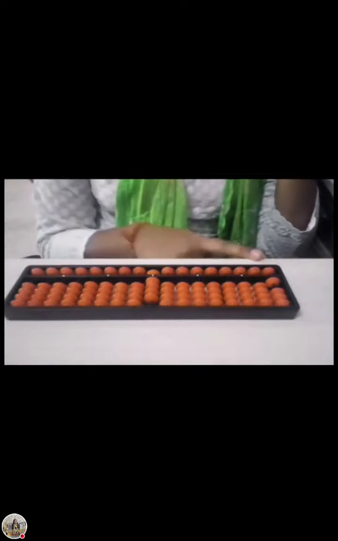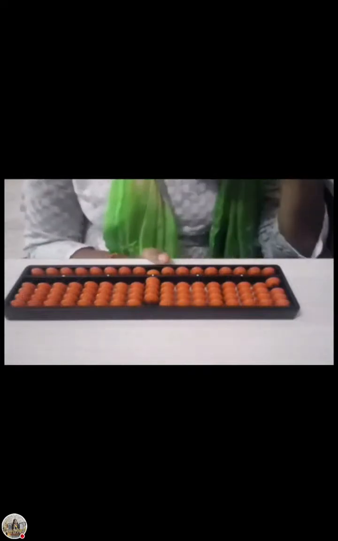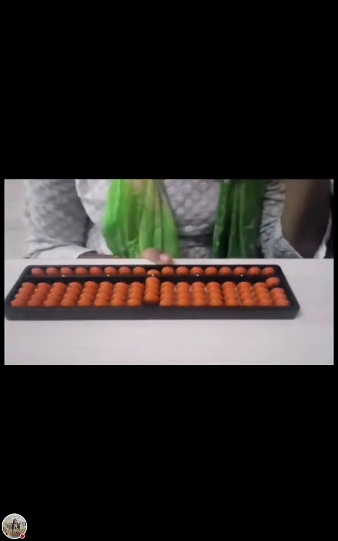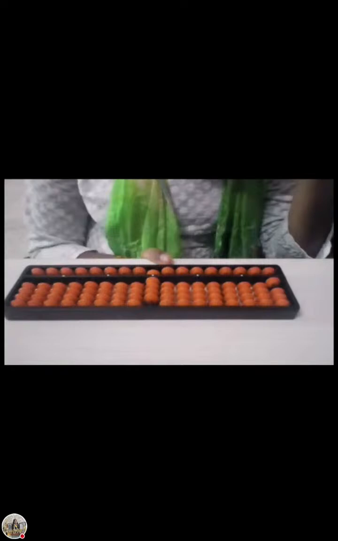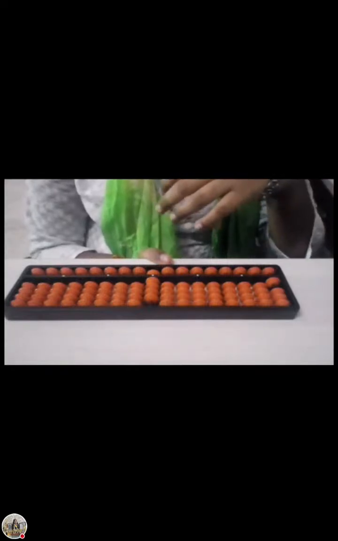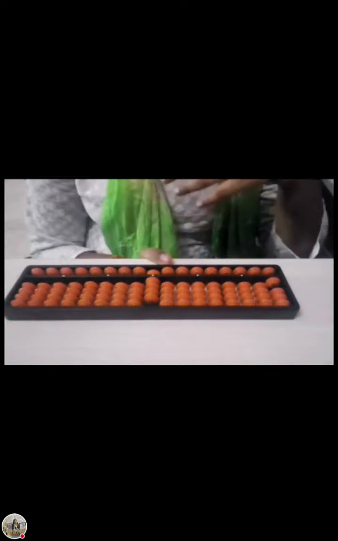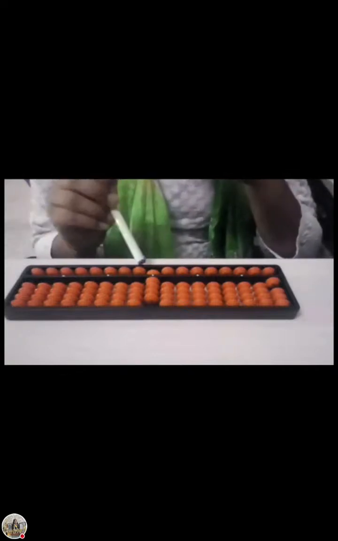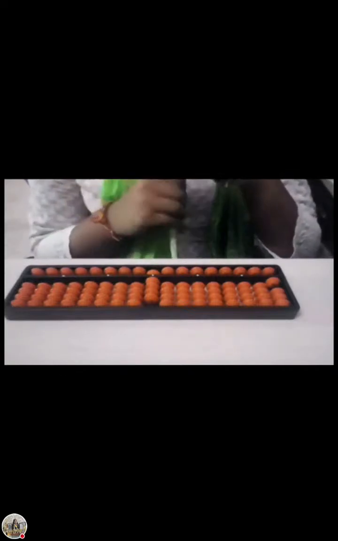So now what will I do? See, 9 is marked here, right? So now what do I need to add more to make it a full 10? I need one, right, to make it 10.